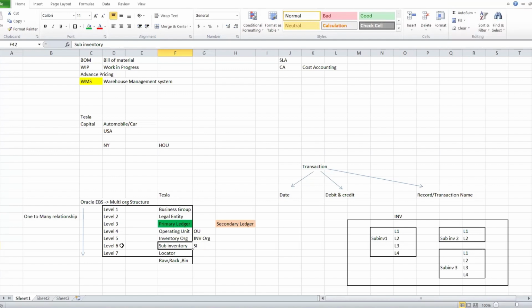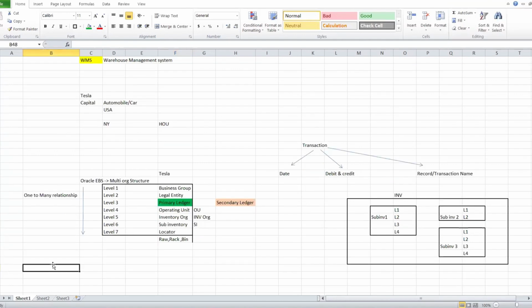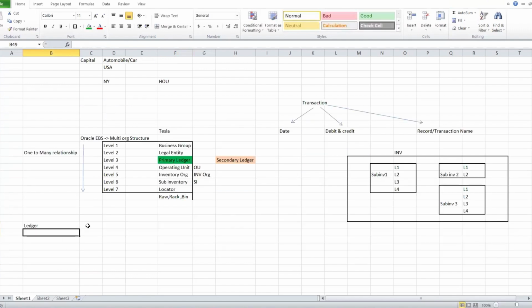Okay. So now let me dig down into the ledger part. A ledger is nothing but the 4C concept. What is the 4C concept? One is the calendar. What is the calendar?